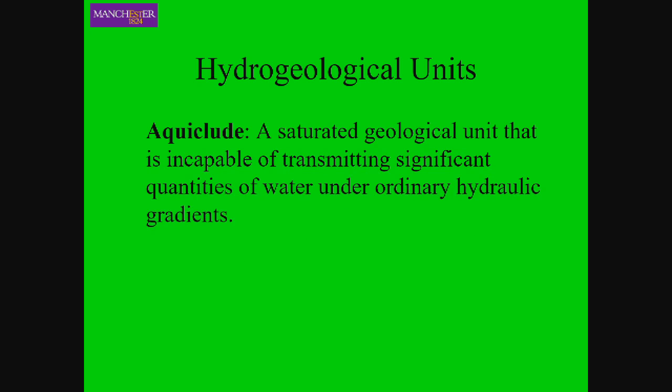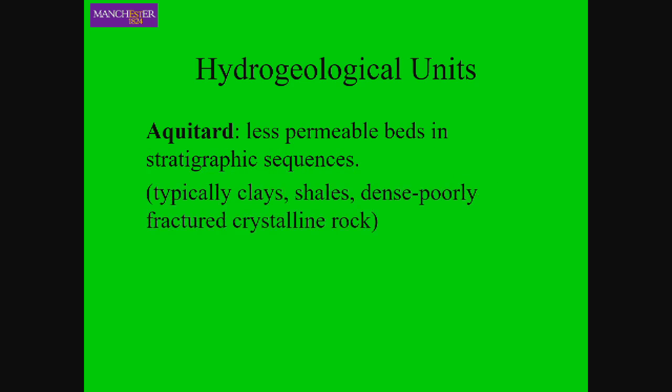Then we have other things: an aquiclude, which is incapable of transmitting significant quantities of water under ordinary hydraulic conditions, and an aquitard, which is used in a similar way, just less permeable beds. They're typically finer-grained materials, or for crystalline rocks, ones that aren't very well fractured.